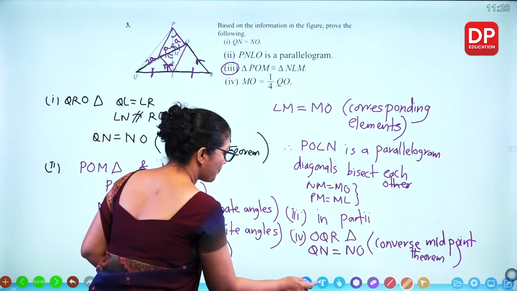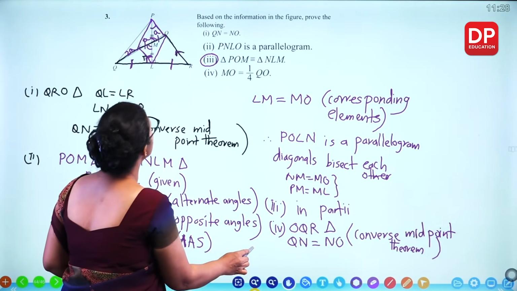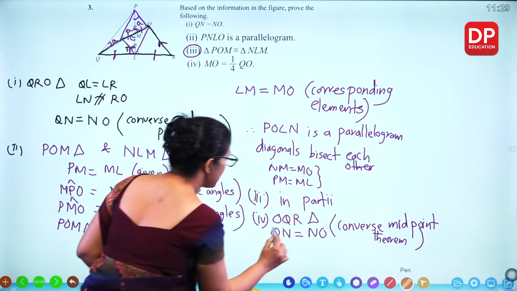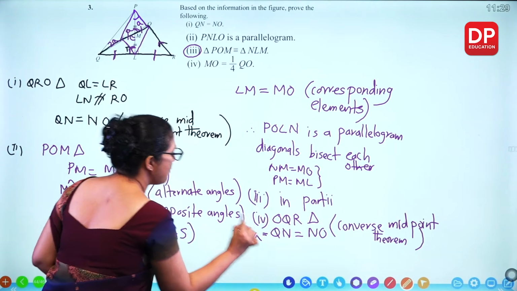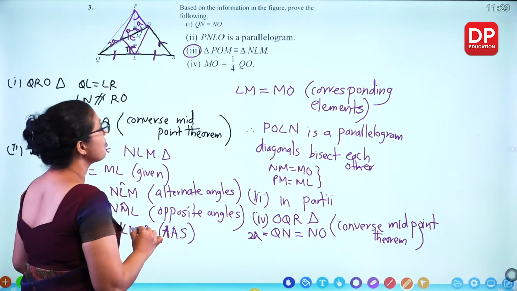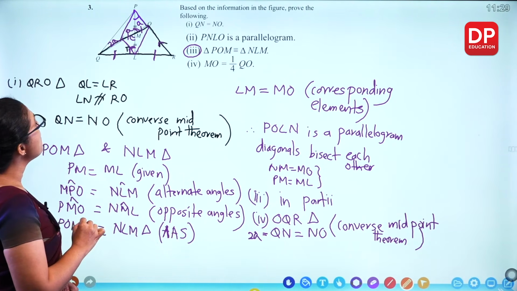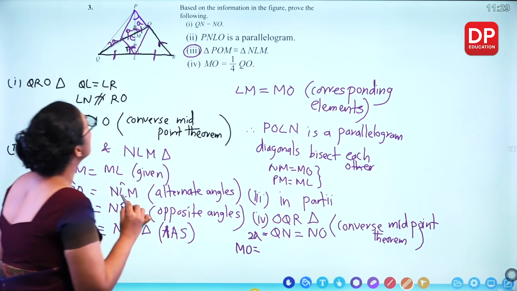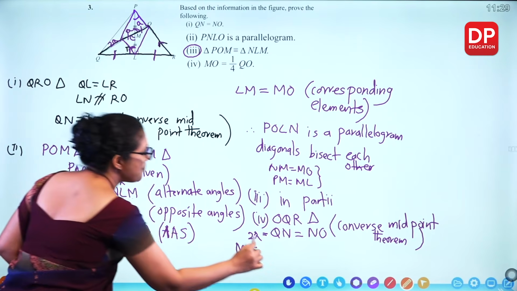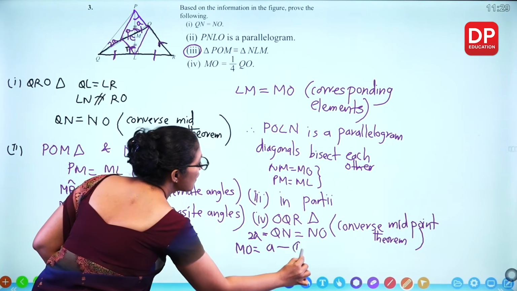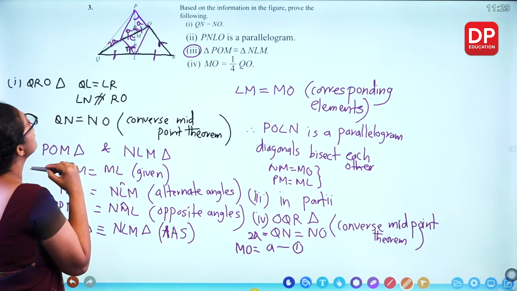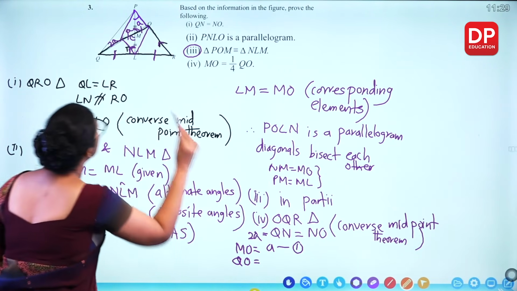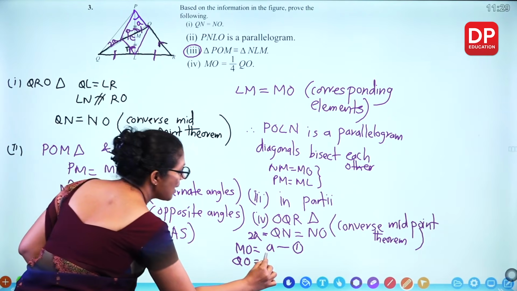Now we got QN is 2A. I'll write this is equal to 2A. Then what is MO? MO is equal to, according to this one, A. And what is QO? QO is 2, 3, 4, 4A.